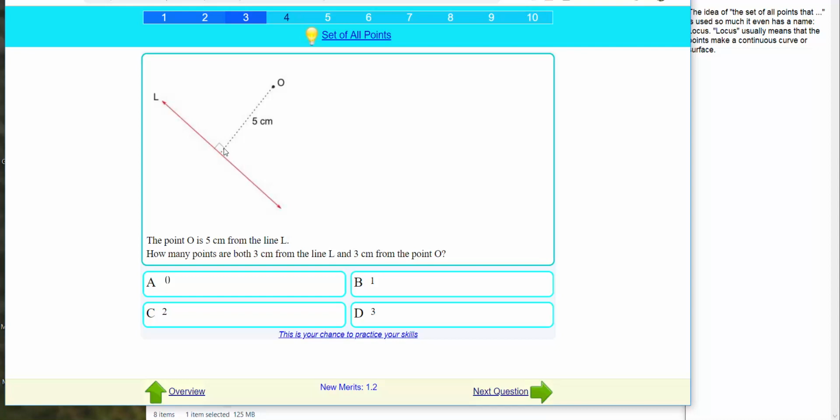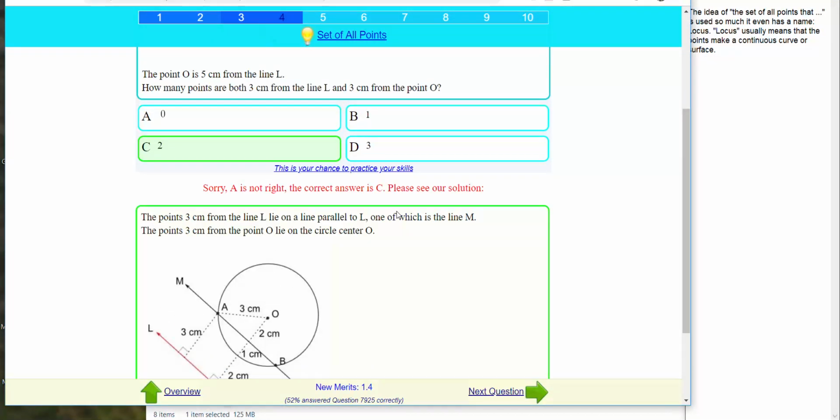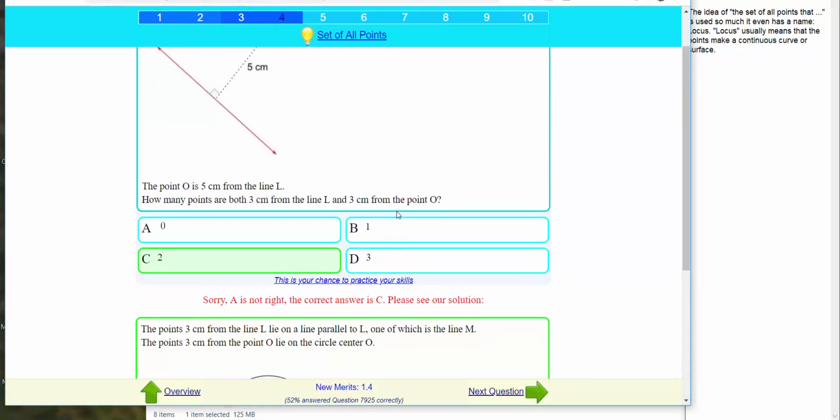So you have the line L. It's 5 centimeters from the line, so the distance here is 5 centimeters. How many points are both 3 centimeters from the line and 3 centimeters from point O? So it's somewhere around here or here. So there's none. 2 points. What the hell?